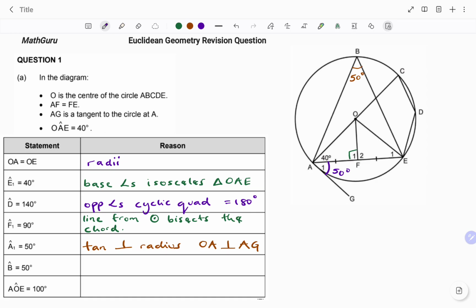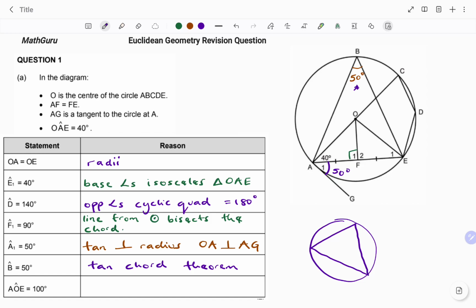So therefore, note that the angle A1 is equal to 50 degrees, which is also equal to the angle at B, and the reason being that's the tan chord theorem, which states that if I have a circle as shown and I have my triangle, make sure that all the corners touch the circumference of the circle, and I have a tangent drawn, then this external angle will be equal to the opposite interior angle of the triangle. That's the tan chord theorem.